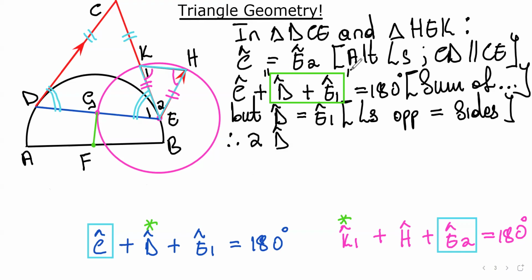But twice as much angle D is equal to 180 degrees minus angle C. That's what I'm saying. And of course, if you like, you can divide throughout by 2. But we wouldn't want to get fractions, would we? Even though this one would give you a clean 90 degrees, this one will give you C over 2. So we don't want fractions. Let's just keep it as twice as much angle D.